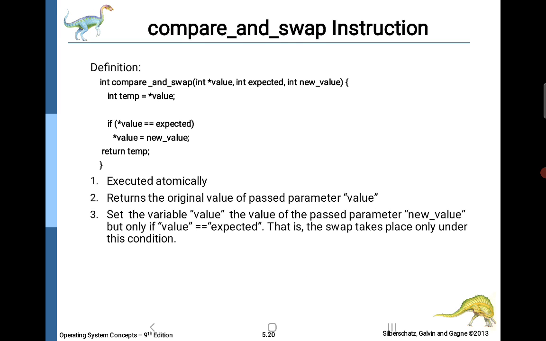The compare and swap instruction is a little bit different. It will compare the value of lock. If the value of lock equals the original value, what it expects, which is false, that is fine.